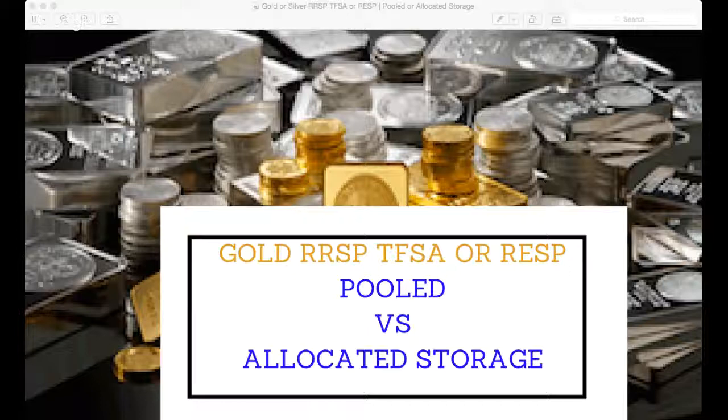So what I would highly recommend when you are looking to invest in physical gold or silver or precious metals in your registered accounts is, yes, Google and read their websites and read the reviews, but before you put your money where you've decided, call and speak and ask specific questions, because companies can change the way they do business.